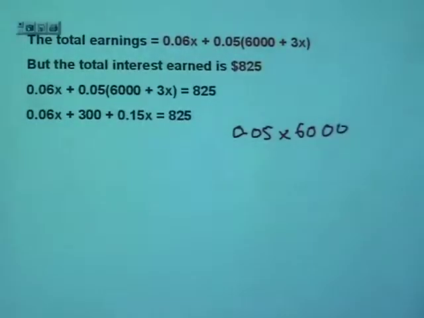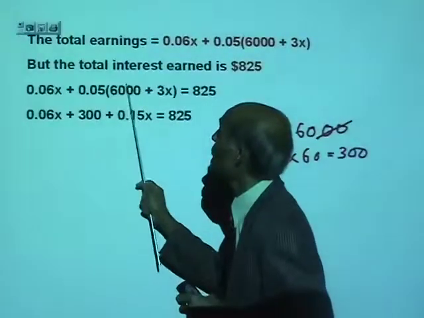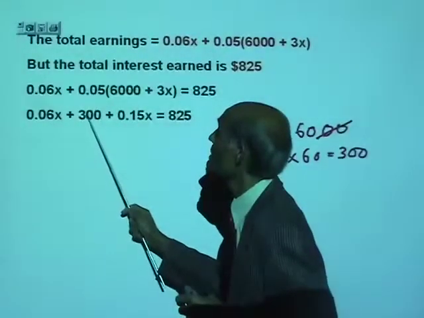I have showed you how to do this. Now, cut away 2 zeros at the end and move the decimal 2 places to the right. It will become 5 times 60, and 5 times 60 is 300. So when you distribute, 0.05 multiplied by 6,000 is 300.